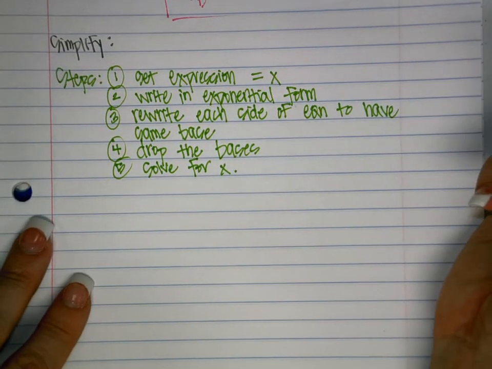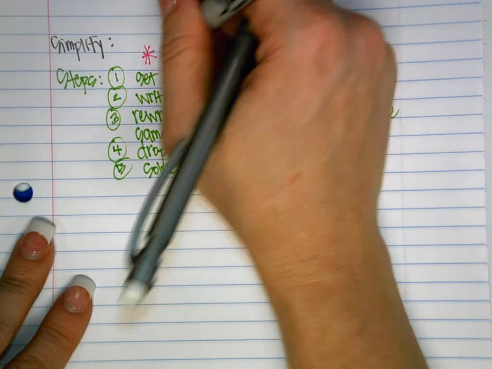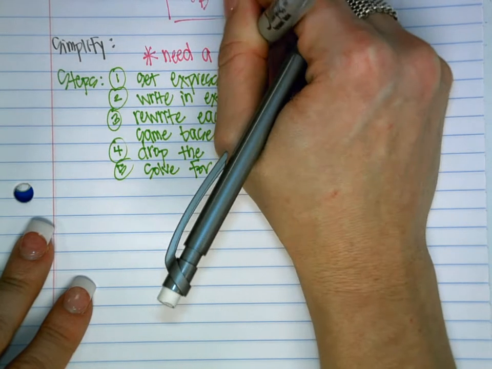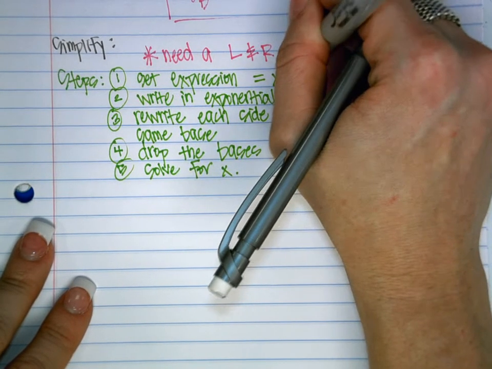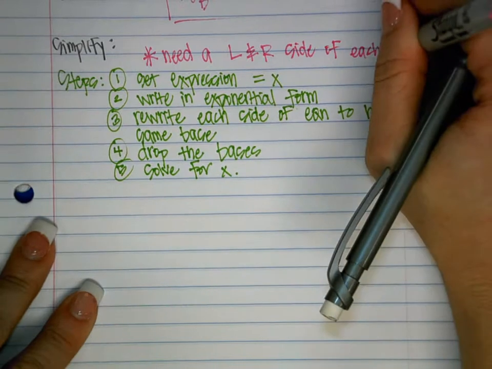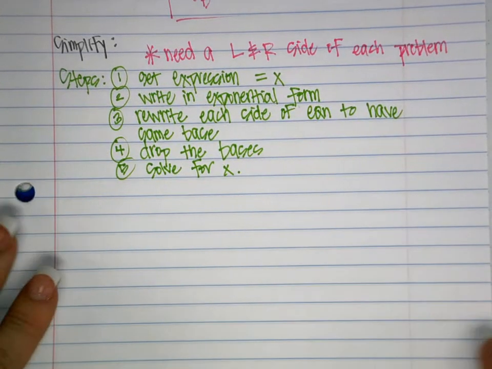Now there's a big key here. When you are simplifying, I want you to make yourself a note. You will need a left and right side of each problem. So keep that in mind.